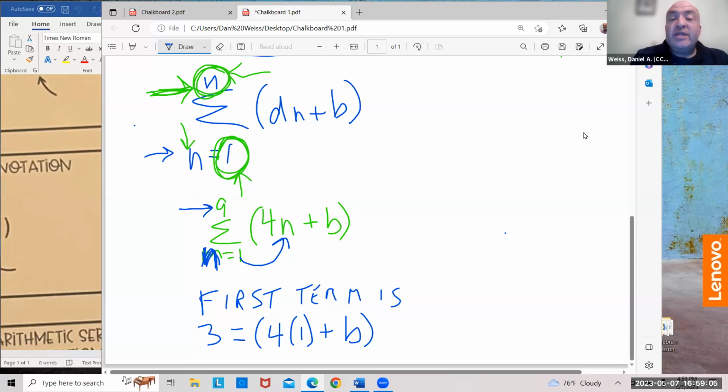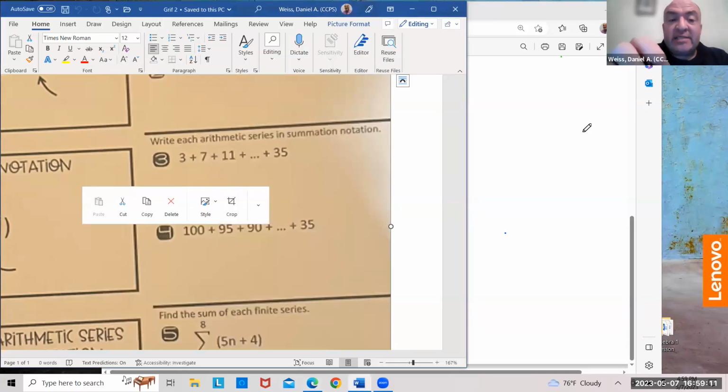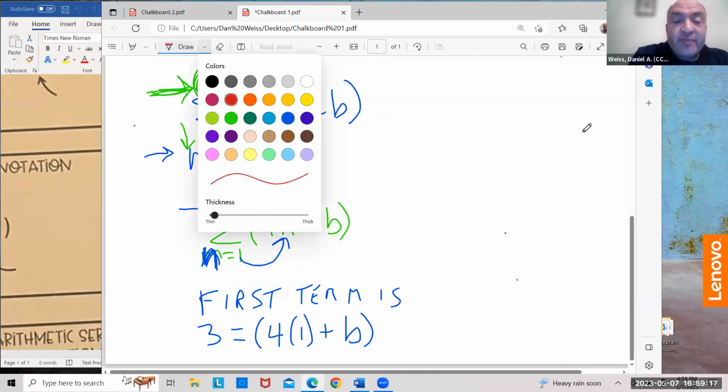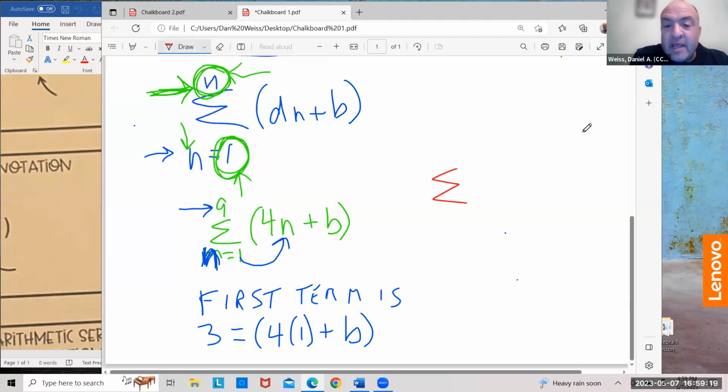So the answer to this question, which just says write the series in summation notation, is just this: sigma n equals 1 to 9, of 4n plus B, and you said B is -1, so 4n minus 1.